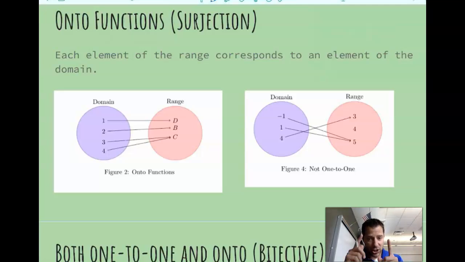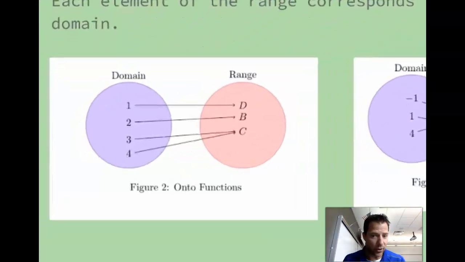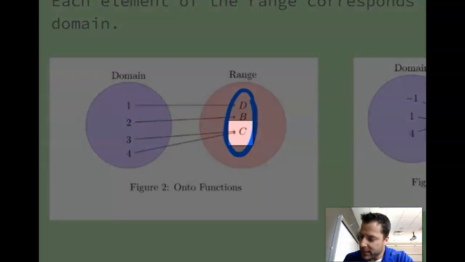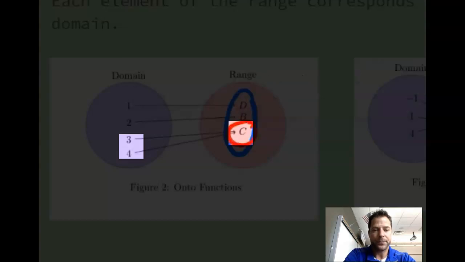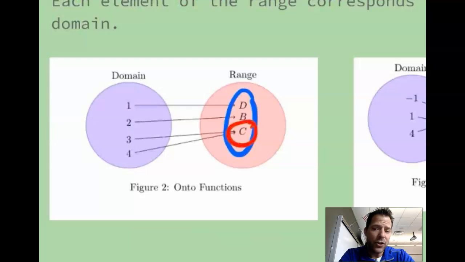It just has to have a buddy. Okay, so let's look at an example. If you look at the graph on the left, that's an onto function. If we look at our range values, you see how each of them has an arrow going to it? Each of them is paired with something from the domain. That's an onto function. And you notice our element C has 2. So here's a great example where the function is onto, but not one-to-one.